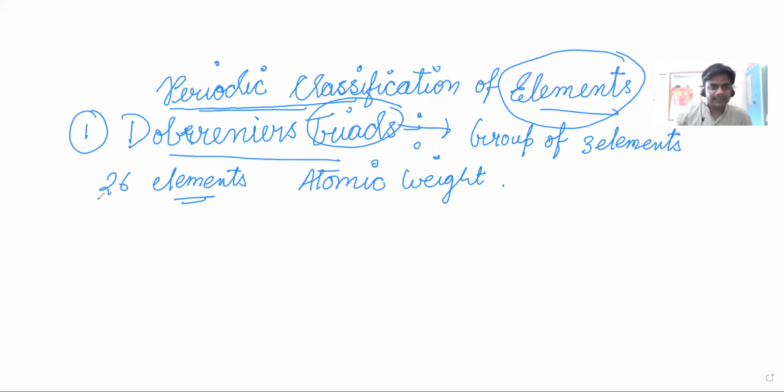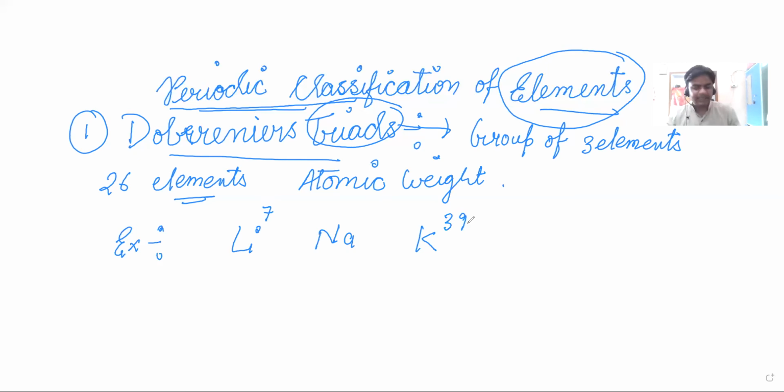We will take the example of lithium, sodium and potassium. They are arranged in the increasing order of atomic mass: lithium 7, sodium 23, and potassium 39.